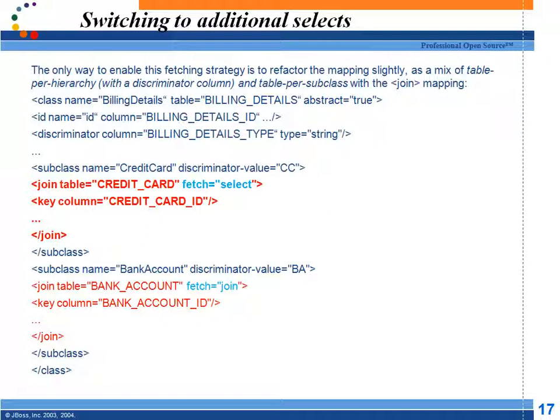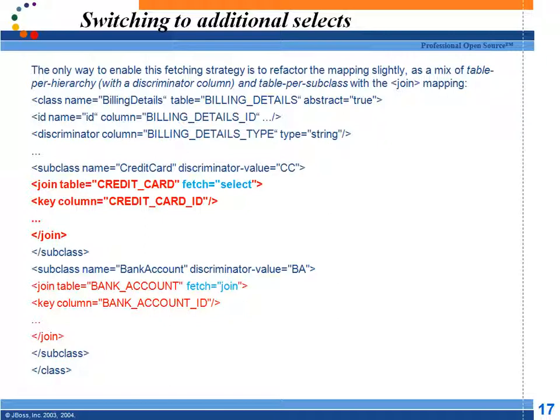It means whenever you have to fetch, you fire a separate select query. Here also I am having three tables: credit card table, bank account table, and superclass. Each table is also joined by using foreign keys. But here we are using a combination of this.